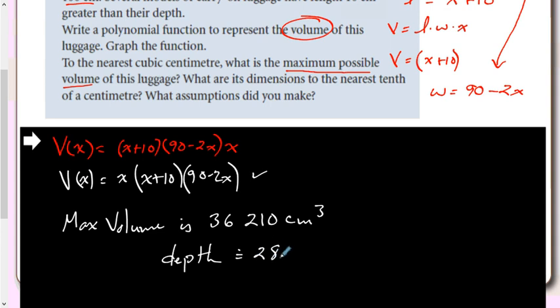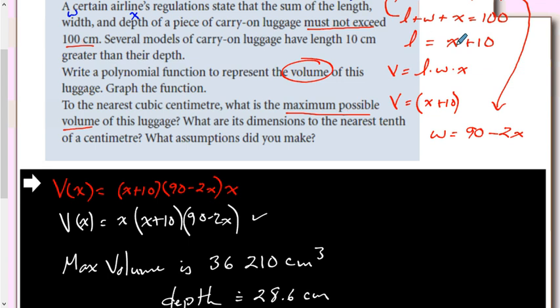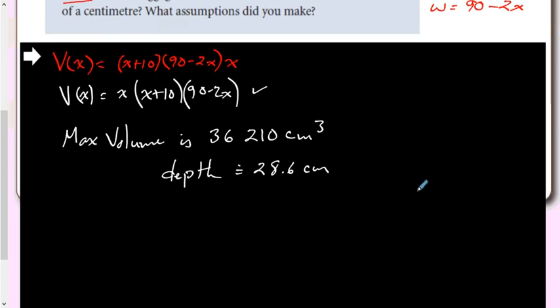28.6 centimeters. And then remember, we had expressions written up on the right, where here we had our length would be x plus 10. So my length is going to be 10 more than this depth, so about 38.6 centimeters.